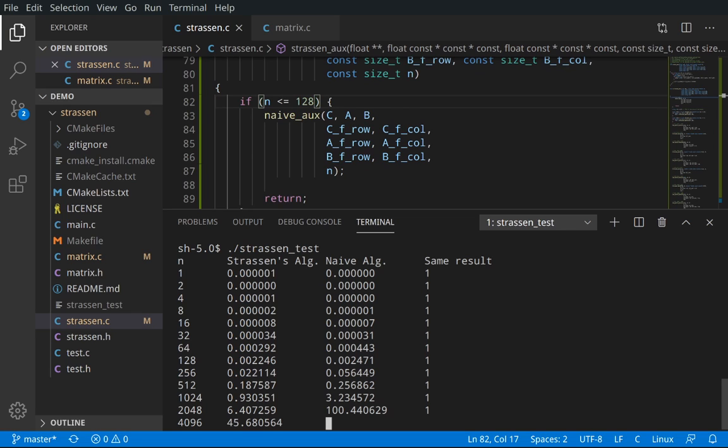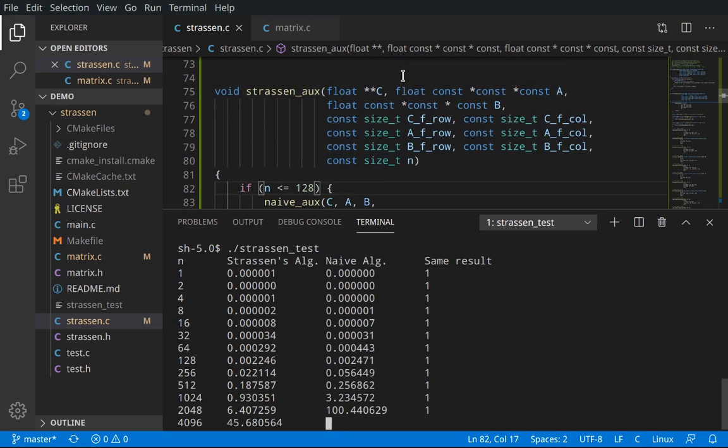We divided the execution time by a certain number, but this is enough to bypass the execution time of the naive algorithm. Okay, I hope so.